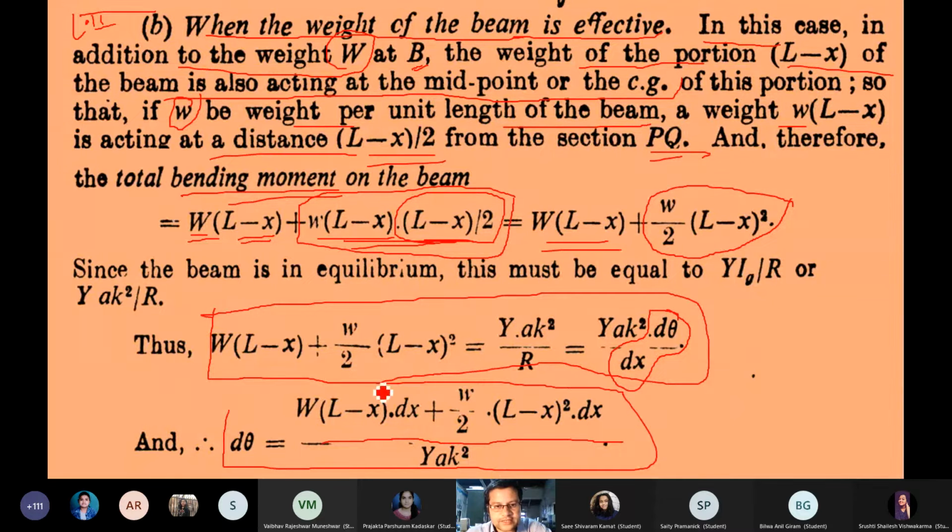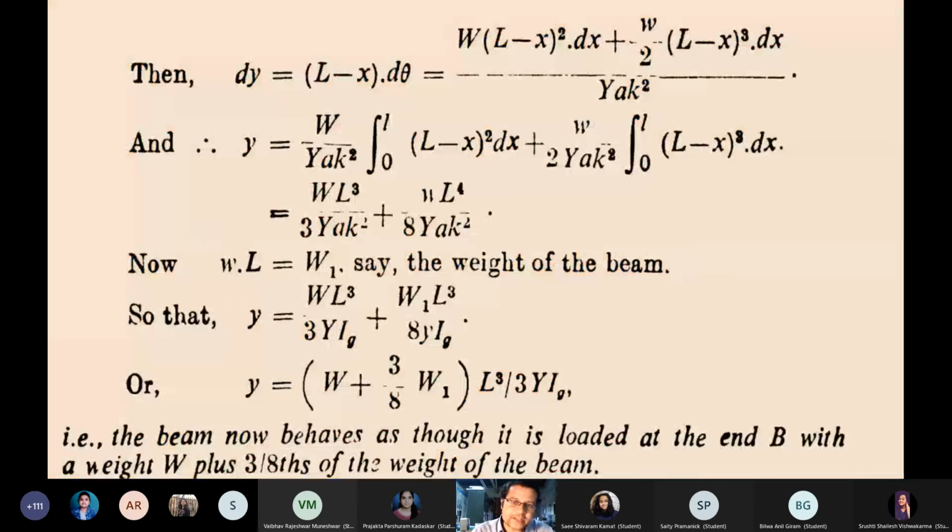So your expression for d theta, with the new bending moment, gets modified here. And with the new expression, if you want to solve further for producing dy for a small portion, you have to use the same terms and solve further. So you have to find the total depression produced: integrate within the limits 0 to capital L and solve this equation further.